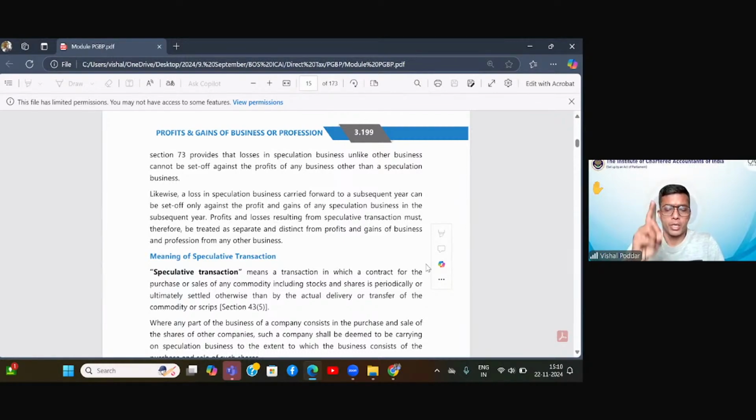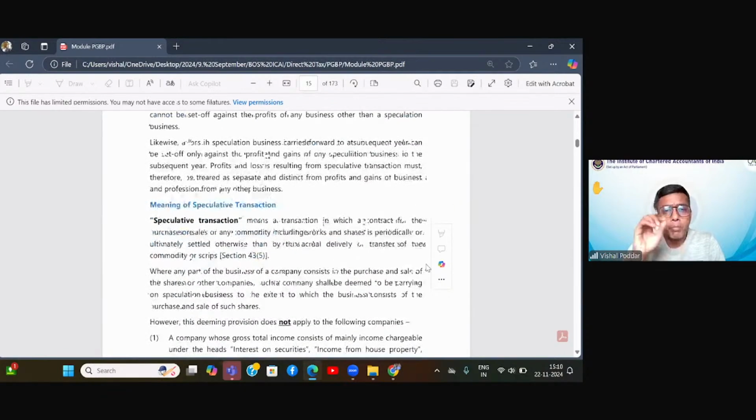Most important, this purchase and sale will be regarded as a speculative transaction when the transaction is ultimately settled otherwise than by way of actual delivery. So you are not giving any actual delivery.